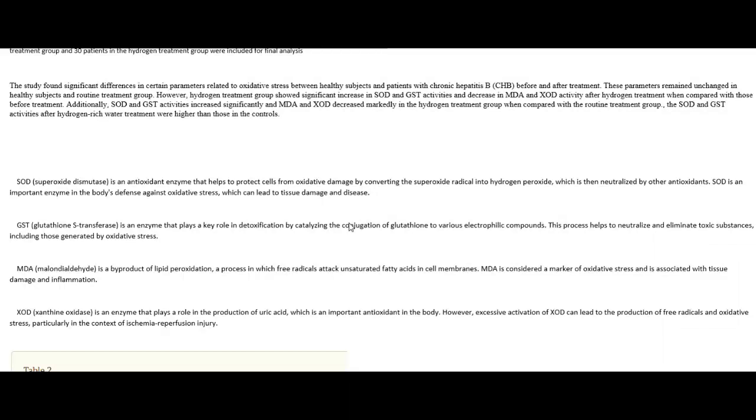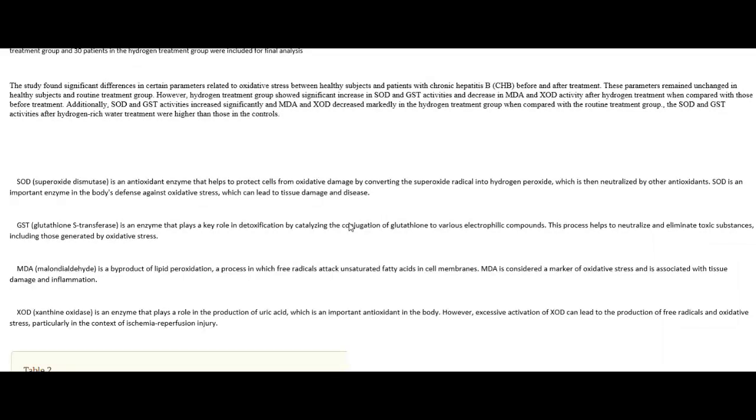So XOD is an enzyme that plays a role in the production of uric acid, which is an important antioxidant in the body. However, excessive activation of XOD can lead to the production of free radicals and oxidative stress, particularly in the context of ischemia reperfusion injury.